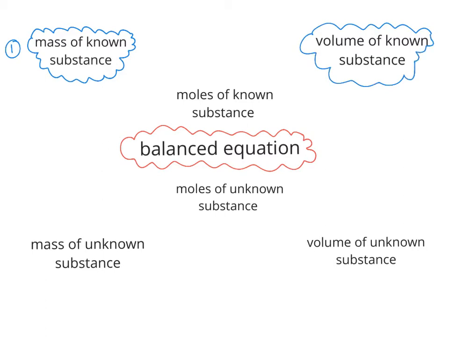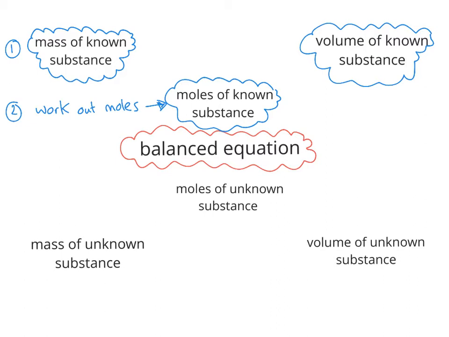So we have something that we know a number about, and if we've got a periodic table or we've got that value 24, we can calculate how many moles. So my second step, once I've found the piece of information I need, is to work out the moles of the known substance.